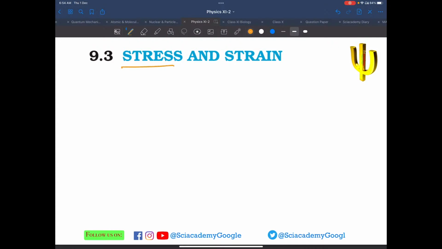When forces are applied on a body in such a manner that the body is still in static equilibrium, the condition is that after applying the external forces, the body should be in static equilibrium.